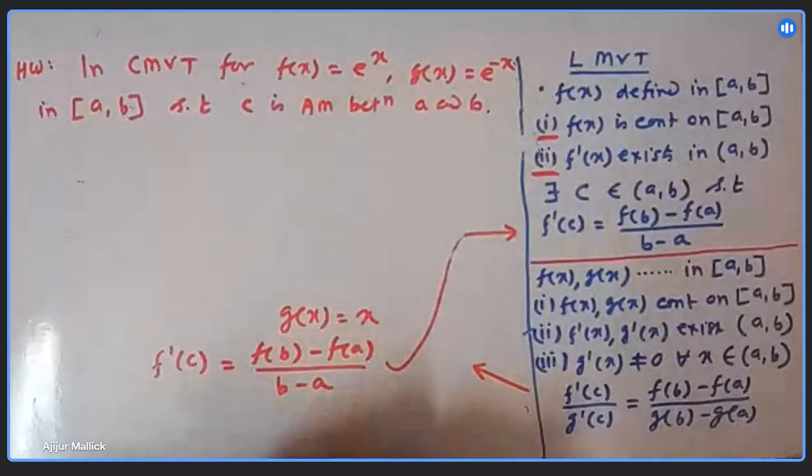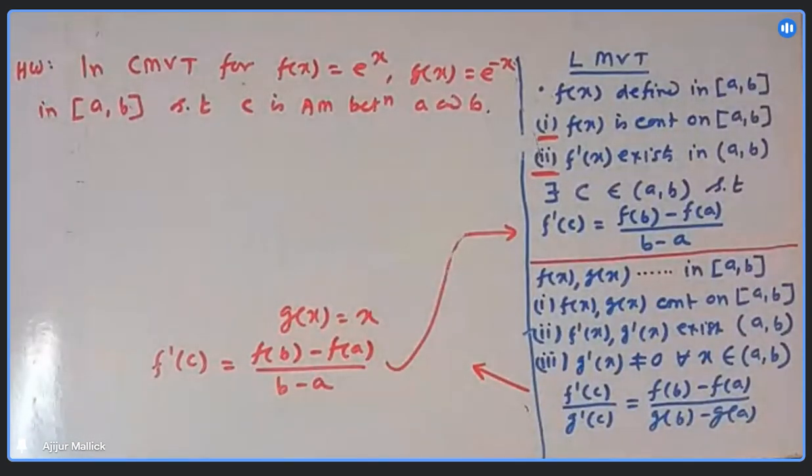Small c is the arithmetic mean between a and b. You will show this. This is your homework.